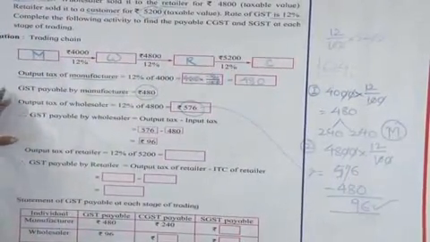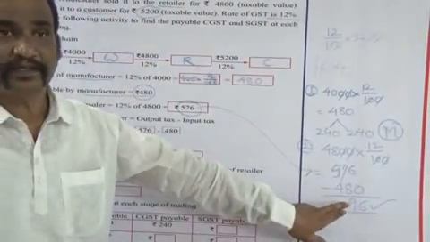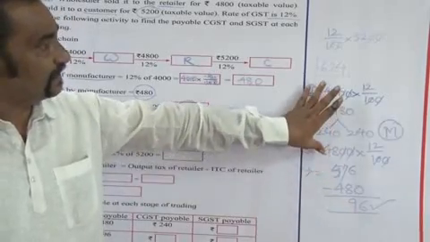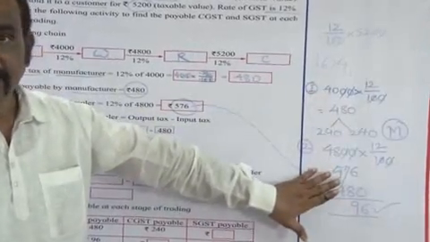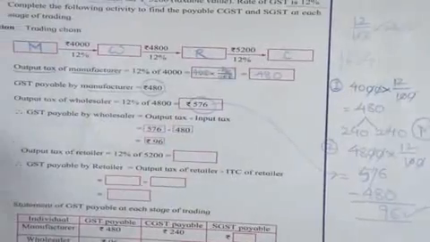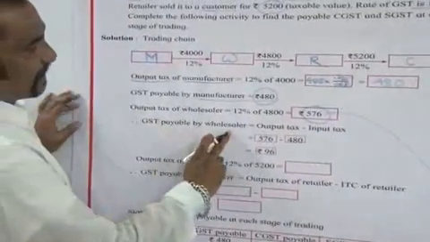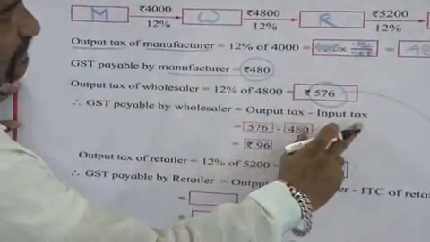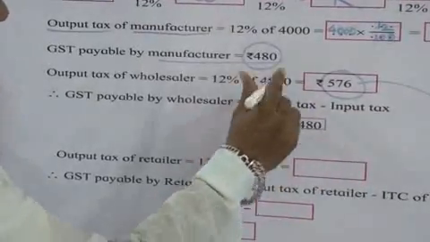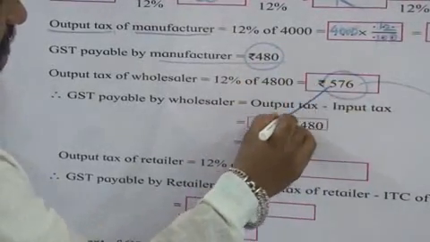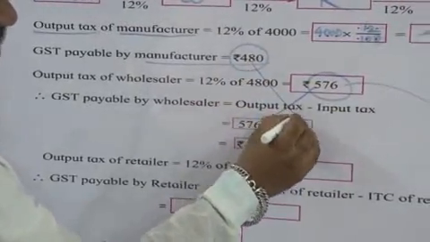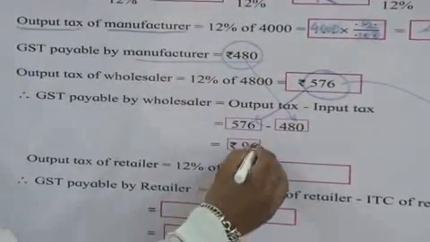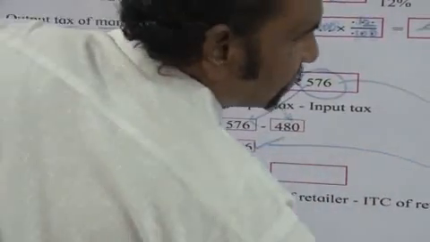Therefore that wholesaler will pay 96 rupees, the difference between the first and the second transaction GST. Now the third one is GST payable by the wholesaler, output tax minus input tax. What was the output tax? This one, 576, and the 480 is already paid. Therefore the difference is 96, which is here.